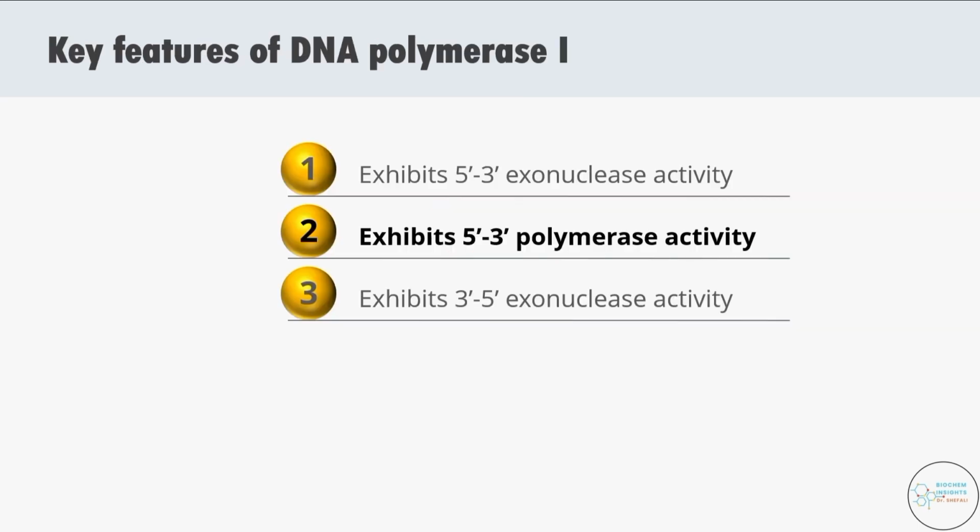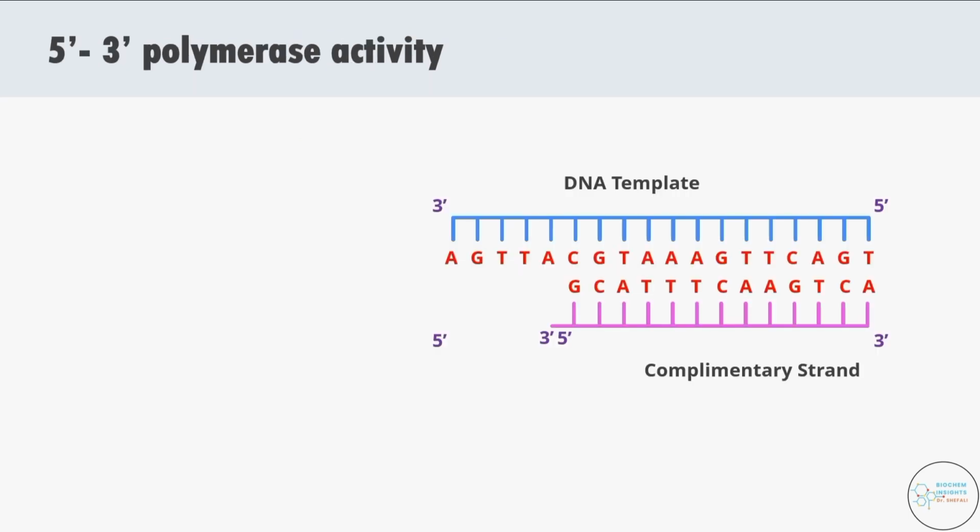Next, DNA polymerase 1 exhibits 5' 3' polymerase activity. Now as the primer is removed, DNA polymerase 1 has to fill the gap, so it adds one nucleotide at a time in 5' to 3' direction with the base corresponding to the base present on the template strand.